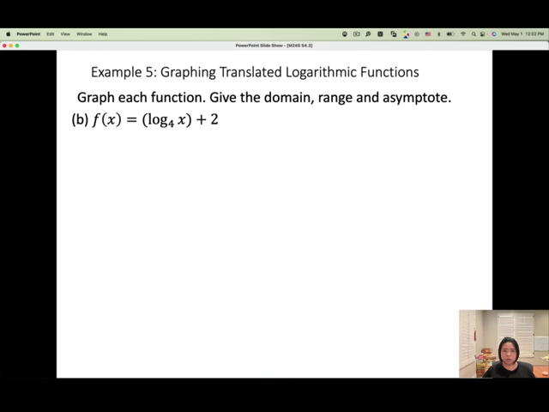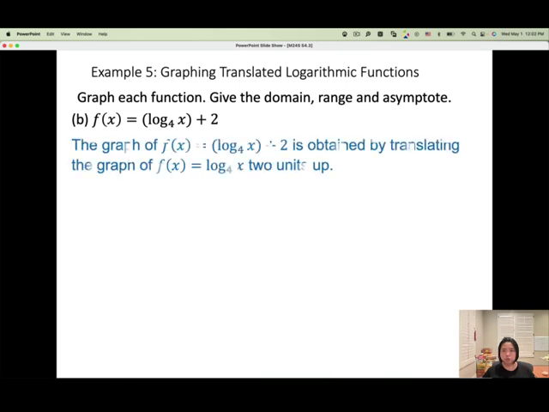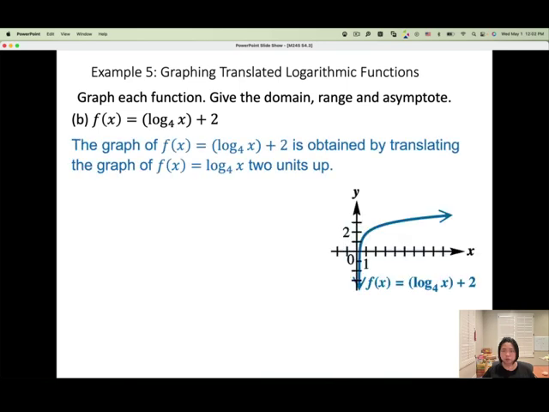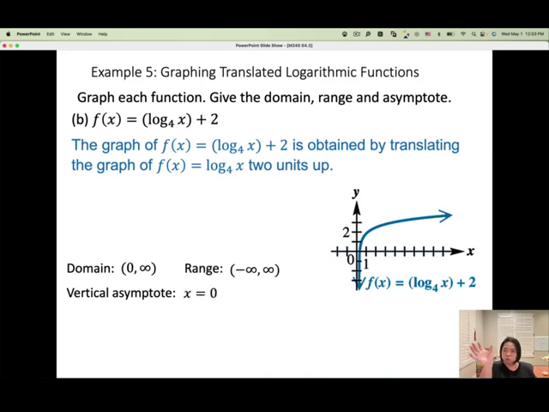This time we have f of x equal to log with base 4 of x, plus 2, the whole equation plus 2. So what are you going to do? You're going to shift upward 2 units. So domain and range don't change. Vertical asymptote doesn't change either, because we only shift upward.